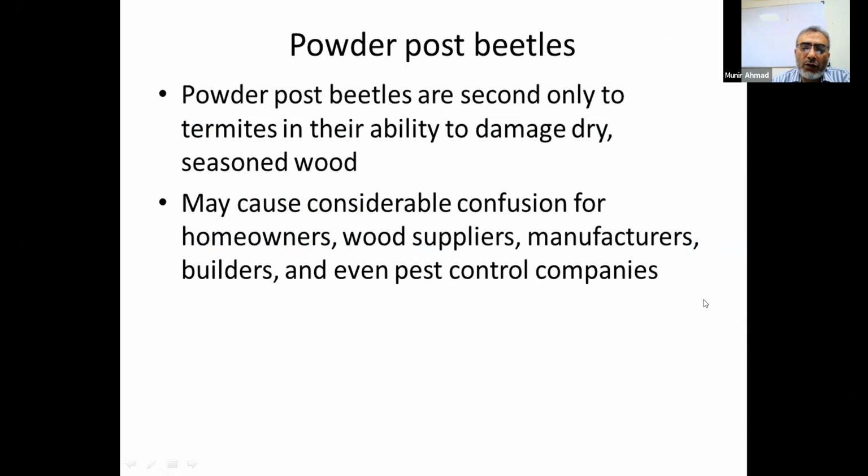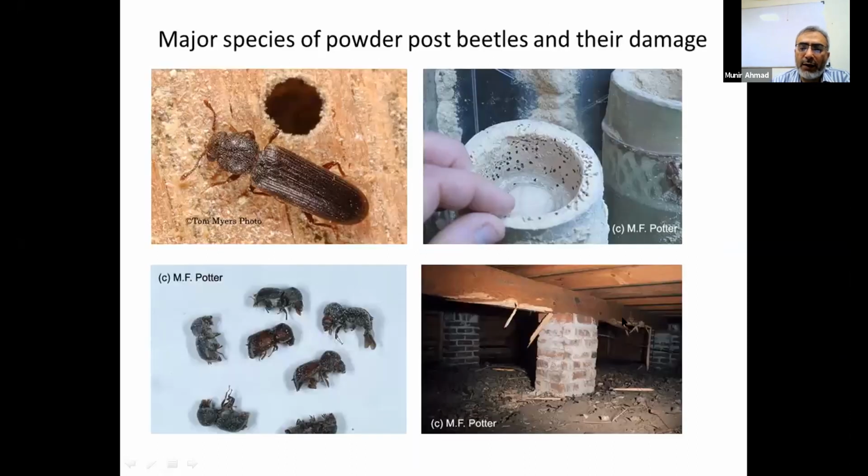The second one which causes damage to structures is the powder post beetle. If you see its damage, it's very difficult. It has a number of species which differ in their damage. We can identify them on the basis of the insects present.